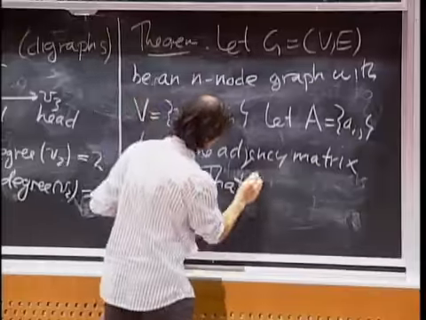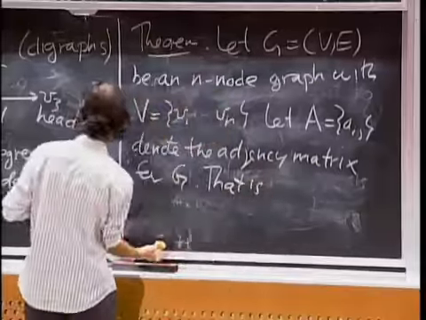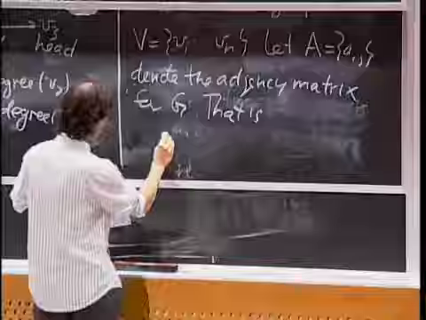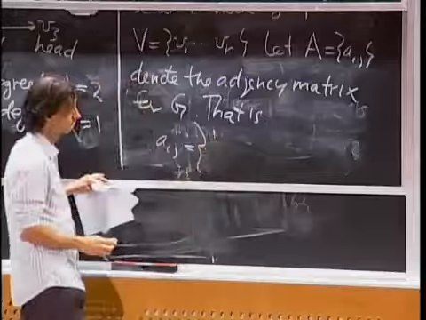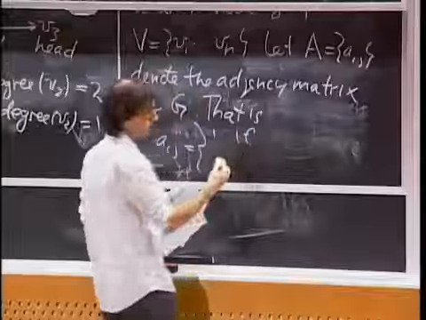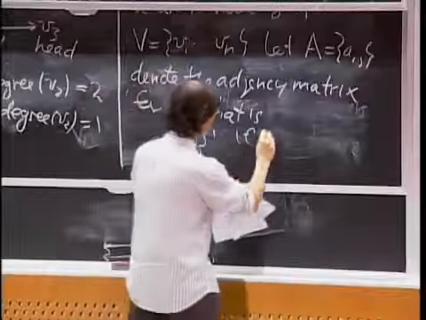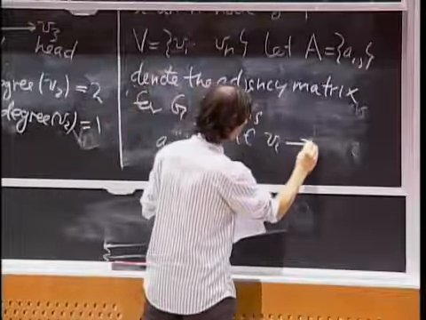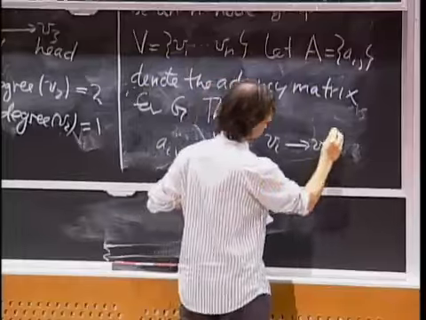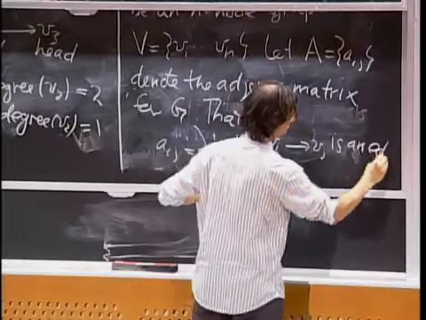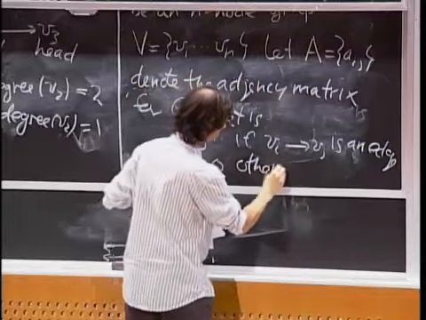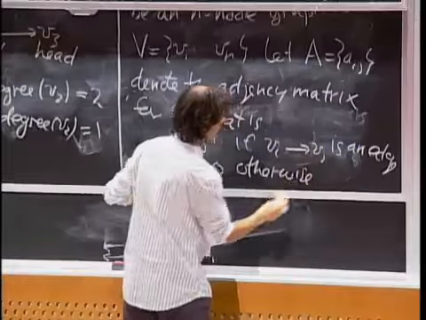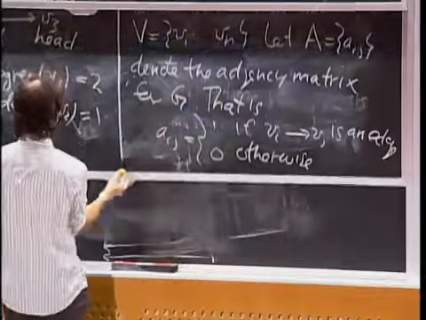It means that aij is equal to 1 if we actually have an edge that goes from Vi to Vj, so this is an edge, and 0 if this is not the case. So this is the adjacency matrix.